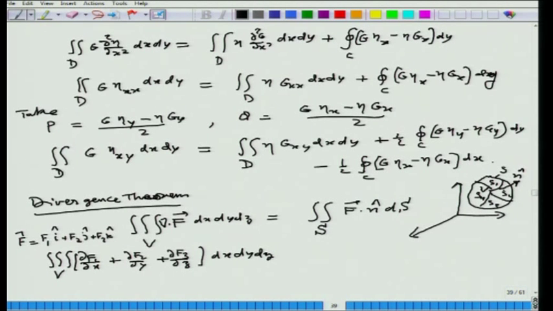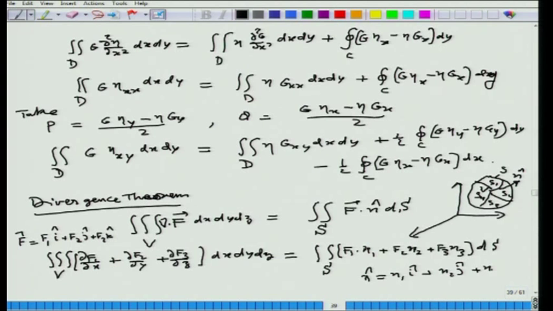On the surface integral side, you get F 1 n 1 plus F 2 n 2 plus F 3 n 3 dS. Here n cap as usual has components n 1 i plus n 2 j plus n 3 k.